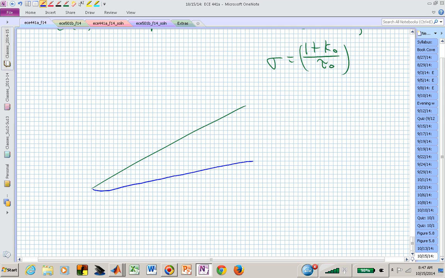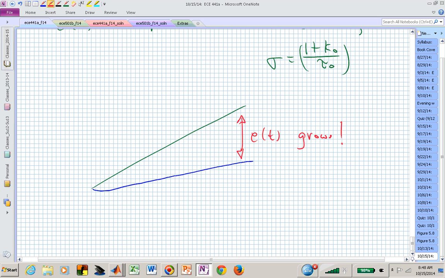That's what's happening for this type 0 system. It doesn't have enough in it to stay up with that reference signal. So we would have an infinite steady state error. No need to even worry about it. The error grows. Here's our error. And that's just growing with time.